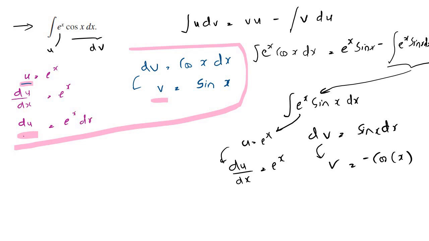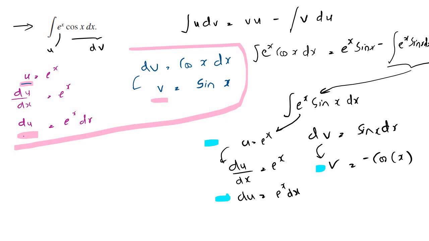Maybe we should first write du equals e to the power x dx. So now we have u, we have du, and we have v.